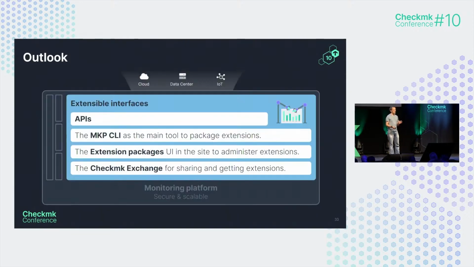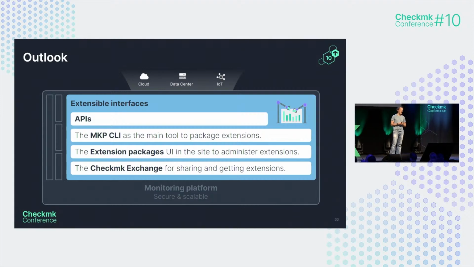And then, I think this is the last slide that I have. I just wanted to point out that we are talking about extensibility, and now I've been talking about developer APIs for over half an hour. I understand that there are other issues that are also relevant when it comes to this whole ecosystem of extensibility, which is the MKP command line interface, which is this tool that lets you create MKPs.